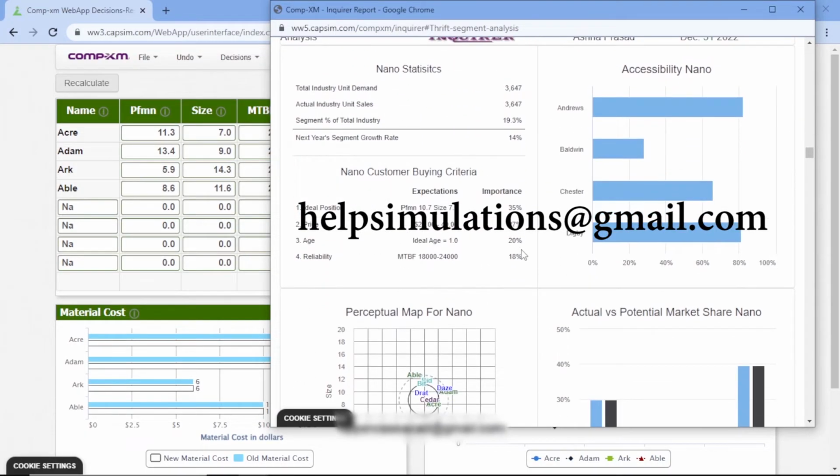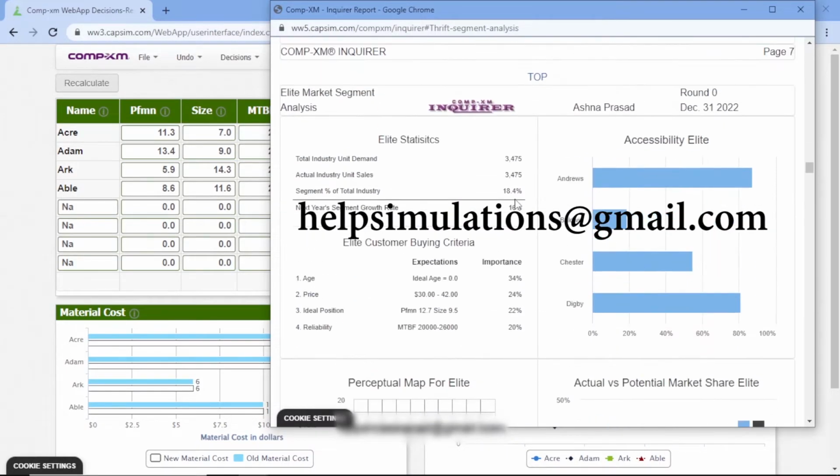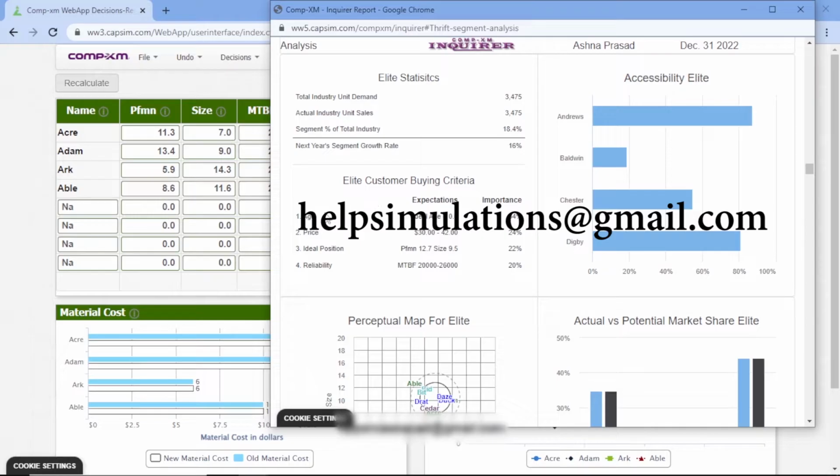Then in the nano market segment, ideal positioning has an importance of 35%, pricing 27%, age 20%, reliability 18%. Then in the elite market segment, age has an importance of 34%, pricing 24%, ideal positioning 22%, and reliability 20%.